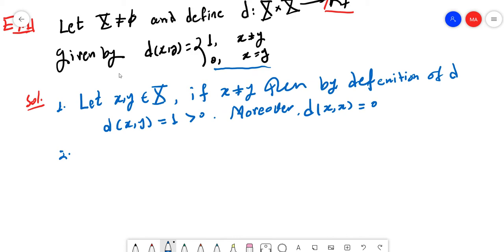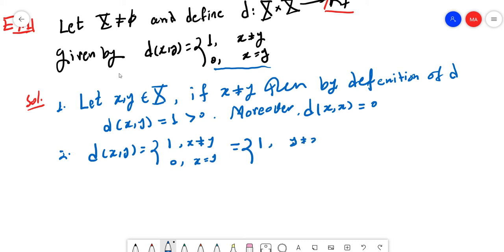Let us check: the distance between x and y equals 1 when x is not equal to y and 0 when x equals y. And this is the same as 1 when y is not equal to x and 0 when y equals x, which is exactly the distance between y and x.